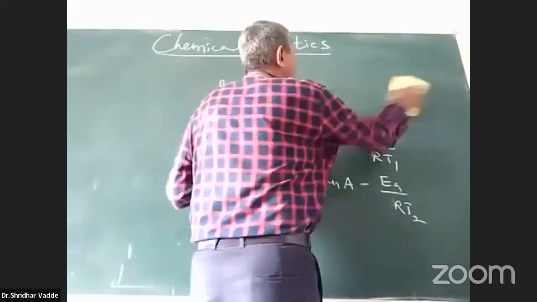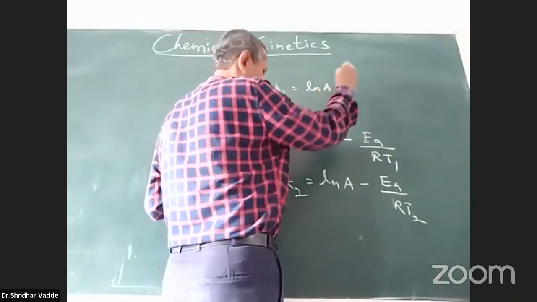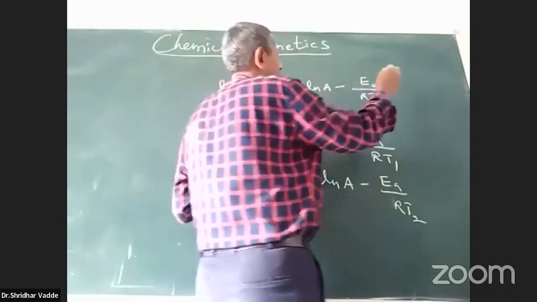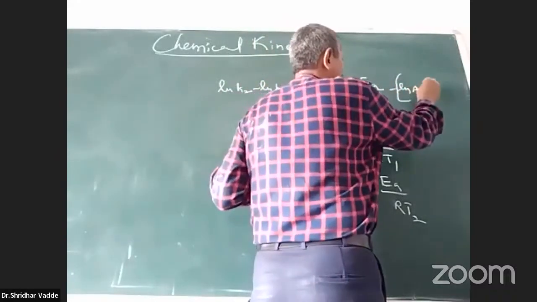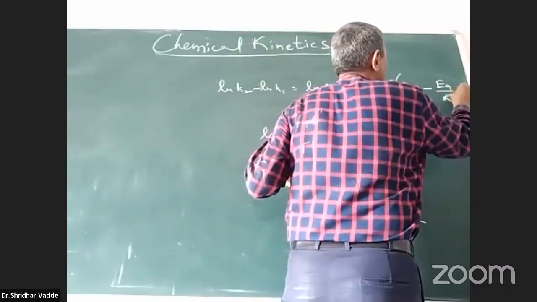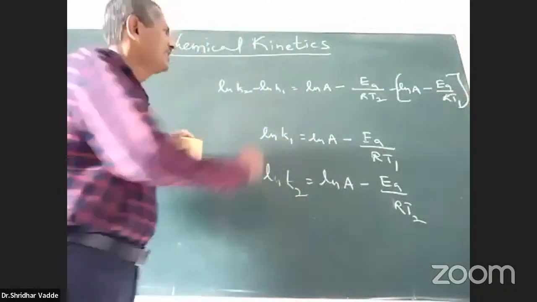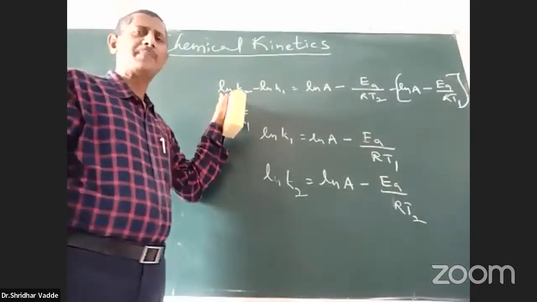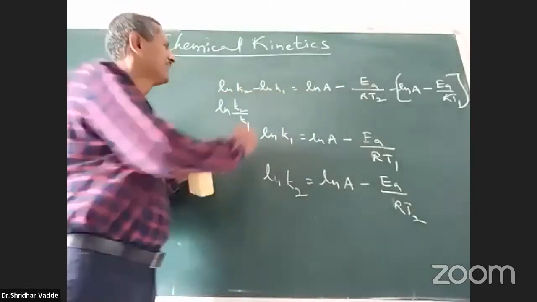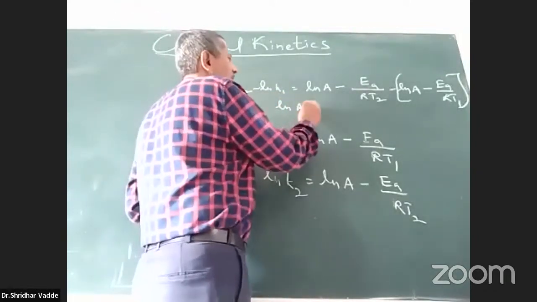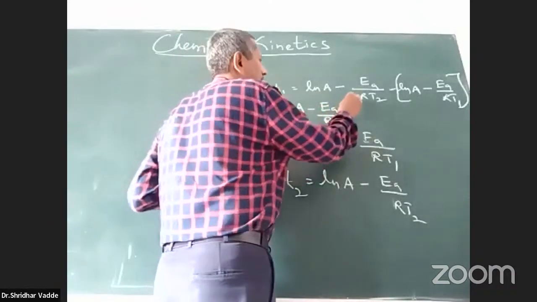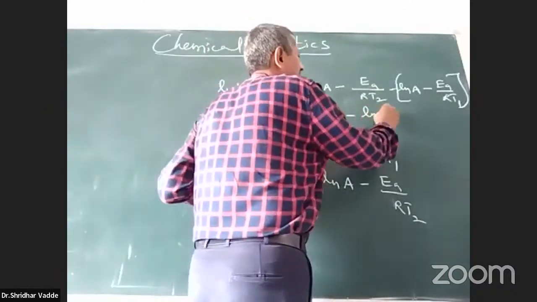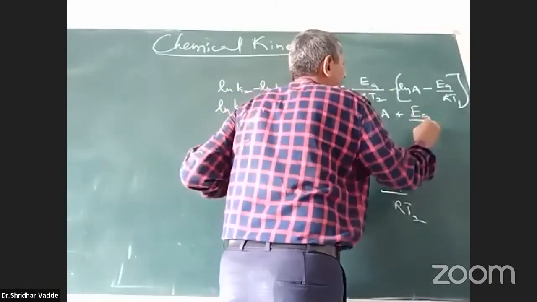So this is given by ln A minus Ea by RT2 minus of ln A minus Ea by RT1. So this becomes ln K2 by K1, because log A by B is equal to log A minus log B.